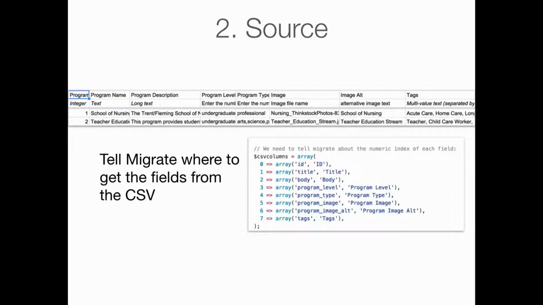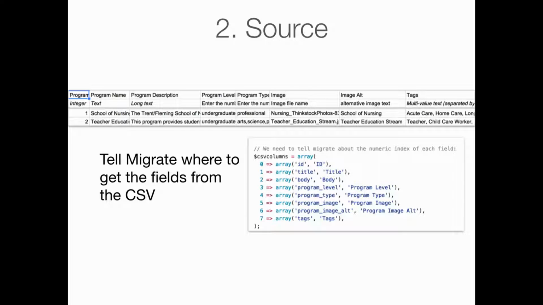Usually when we're working with arrays, the 0 corresponds to the first column in the array. People kind of get this? Does this ring a bell? Computer Science 101, arrays. Great. So the first column here is column 0, and this corresponds to my ID. Column 1 corresponds to my title, and so on. I'm basically giving the columns names that I can use later on in the migration.